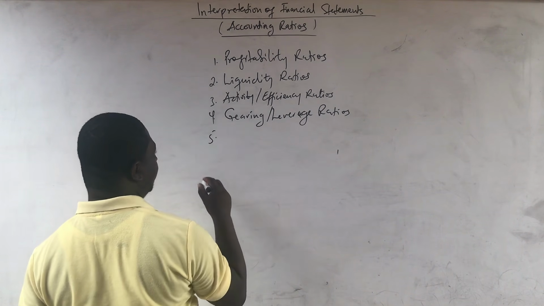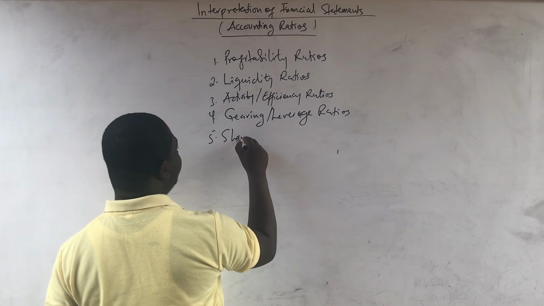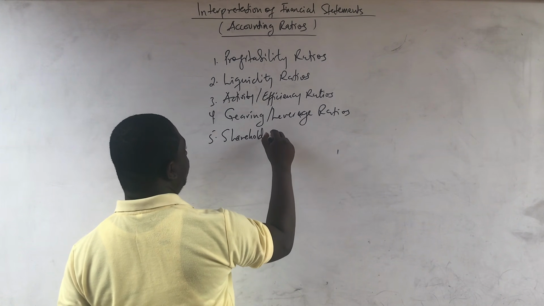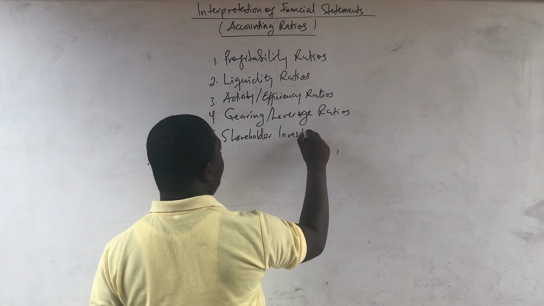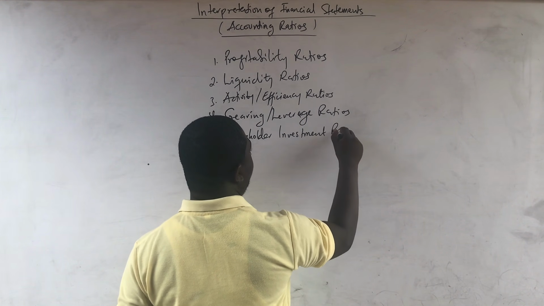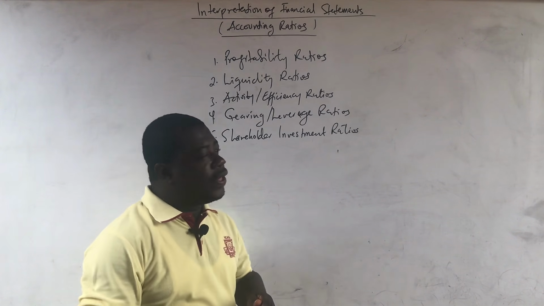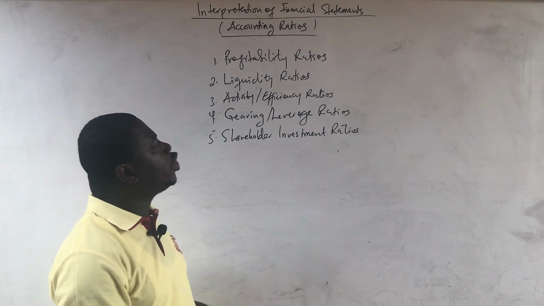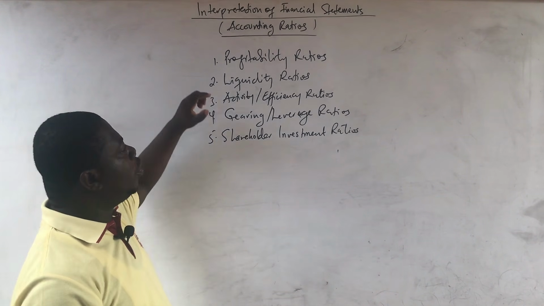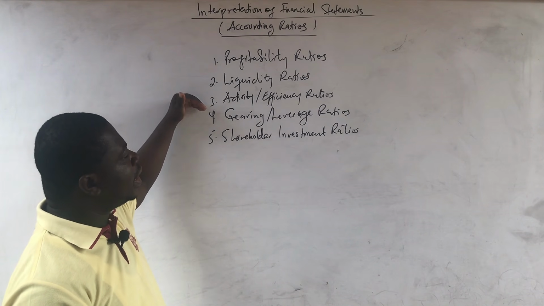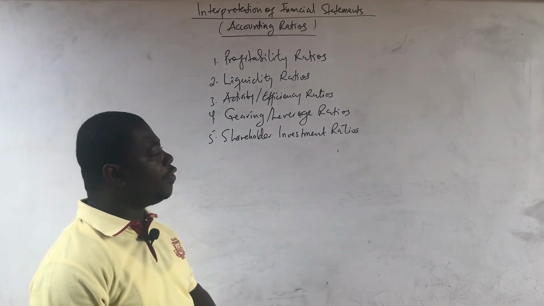And then we have the shareholder investment ratios. These are 5 categories of ratios that we are going to look at: profitability, liquidity, efficiency, gearing, and then the investment ratios.